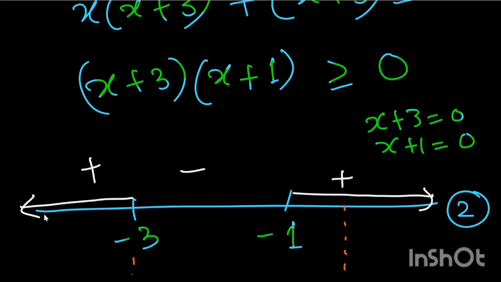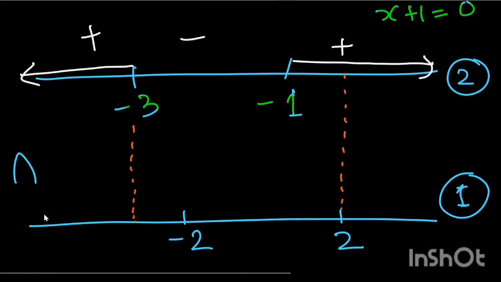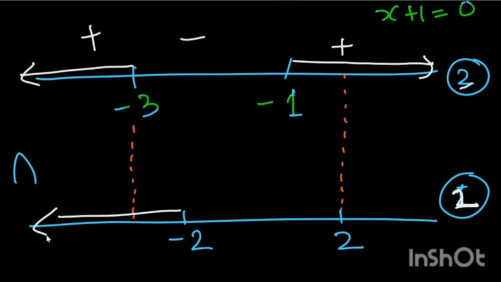And let's say this is third. Now the domain which was second, the domain was minus infinity to minus 2 and 2 to infinity.